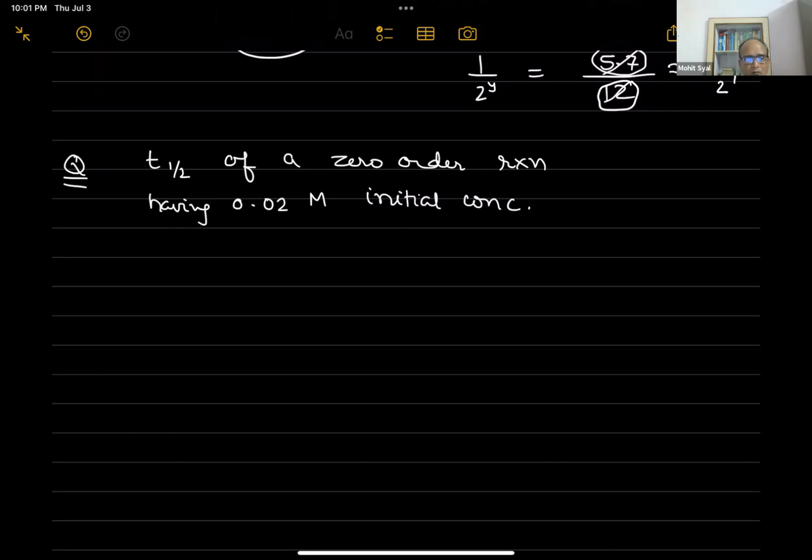Having 0.02 molar initial concentration is 100 seconds. So what is the rate constant? This is a zero order reaction, so you need to have the integrated rate law for the zero order reaction in your mind.